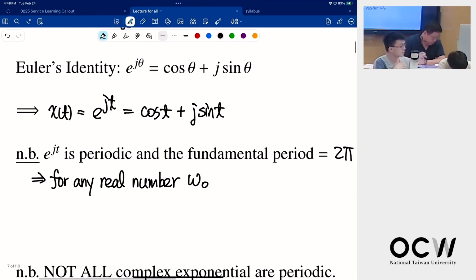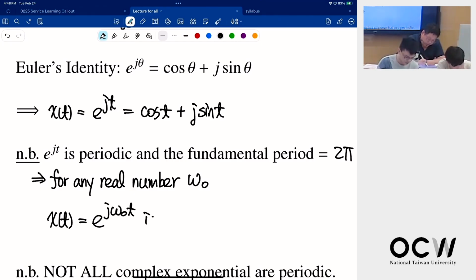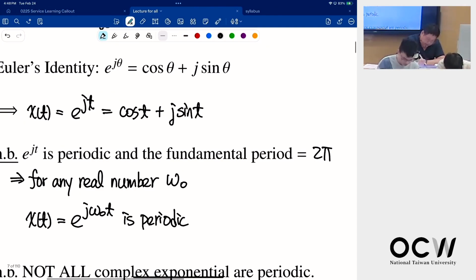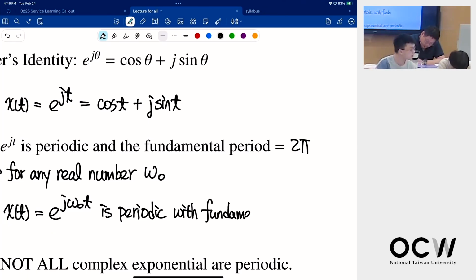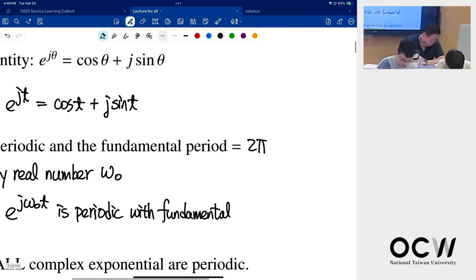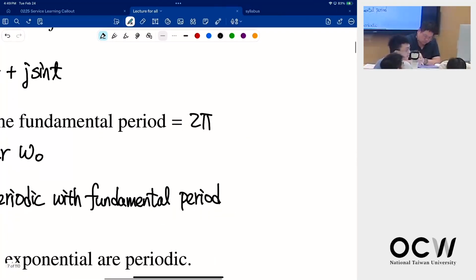How about e to the j omega naught t? What is the fundamental period? We know this is periodic, and since it is periodic, we are interested in knowing the fundamental period. So this is periodic with fundamental period 2 pi over omega naught.